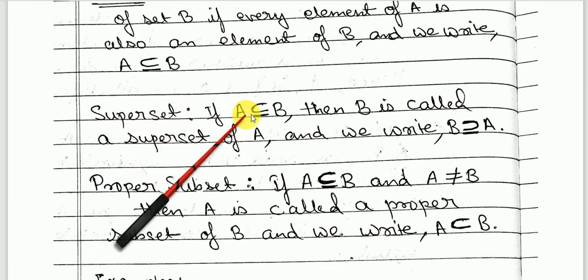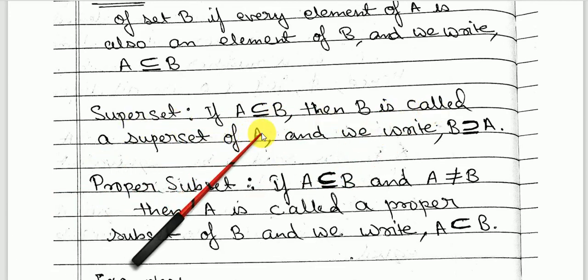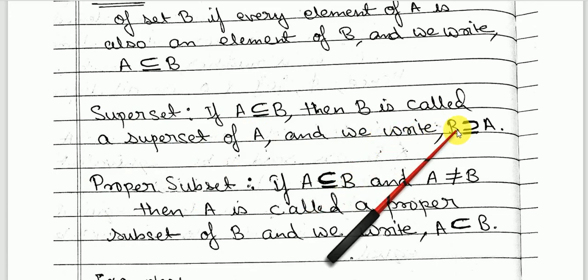If A is a subset of B, then B is called a superset of A, and we write B is a superset of A.